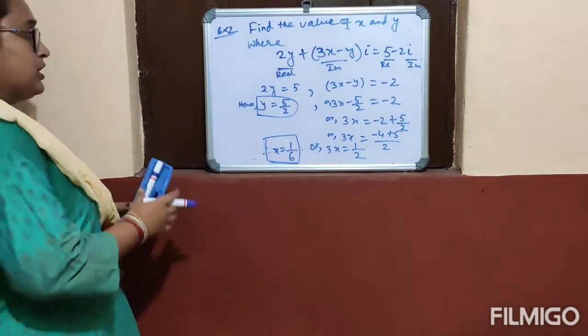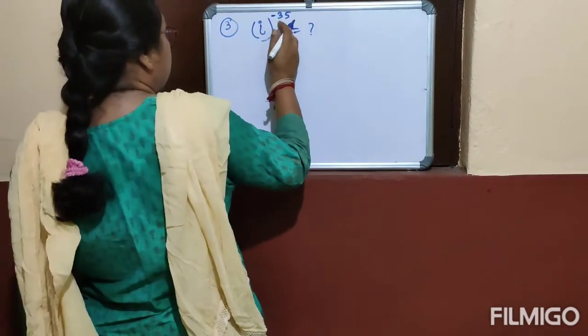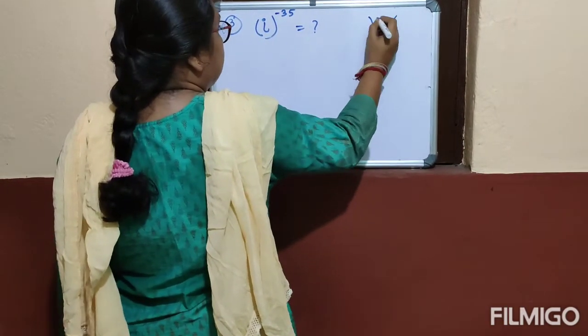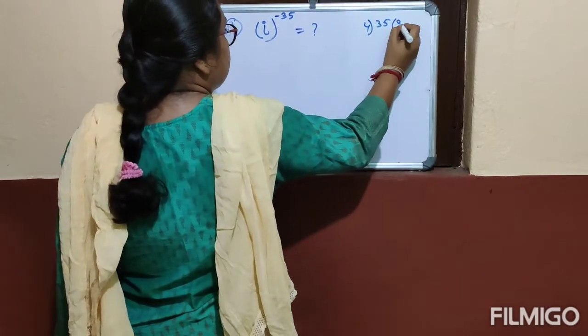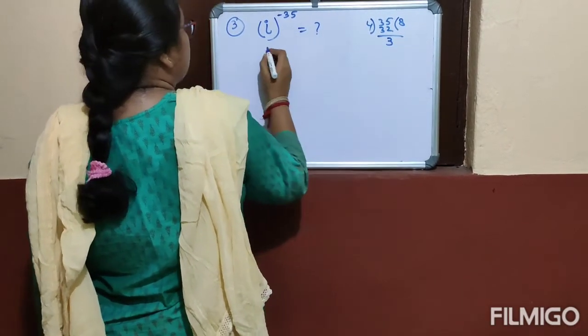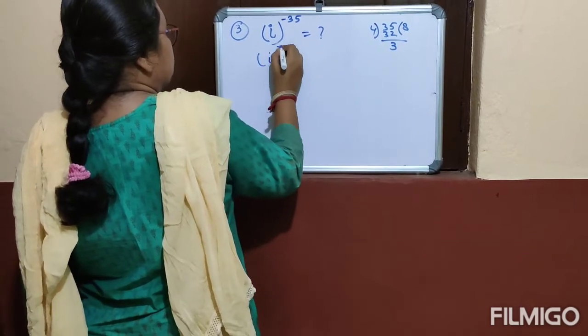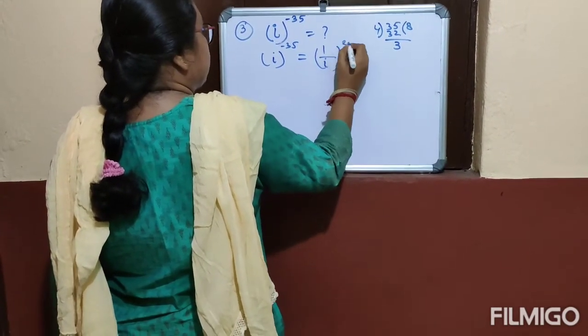Now example number 3. Find the value of i to the power minus 35. You divide 35 by 4. This is 8 fours are 32 and the remaining part is 3. You put here minus 35, and 1 by i to the power 35.